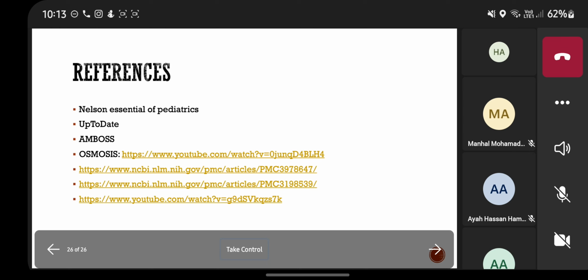Now, how do we choose this medication? It was mentioned that all patients will go for hydroxychloroquine unless they have a reaction or allergy to this medication. But by default, all patients should go for this medication. And most of the patients will need a course of prednisone or corticosteroid.